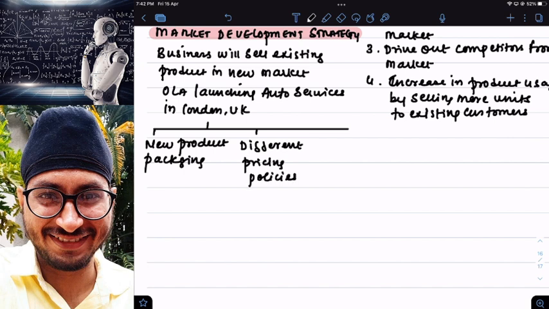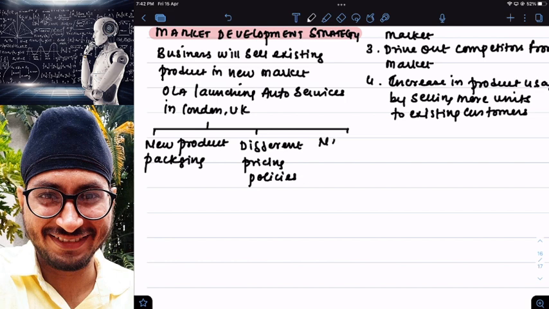Let us say, for example, a water bottle. A water bottle's price in a kirana store will be somewhere around 20 rupees. In a hotel they may charge 50 rupees. In a 5-star hotel they may charge 200 rupees. You go to a multiplex, there again price is different. Different pricing policies I am adopting for different types of markets, different types of customers. That is again an example of market development strategy.